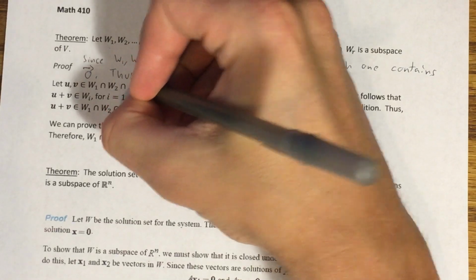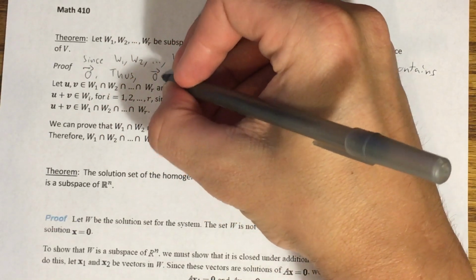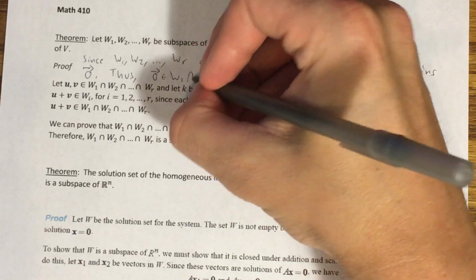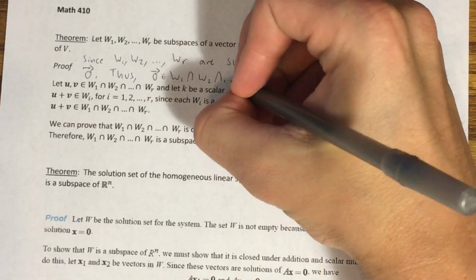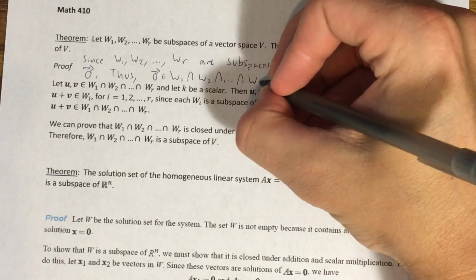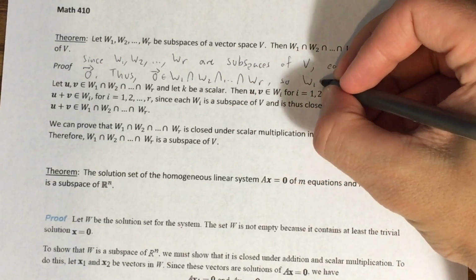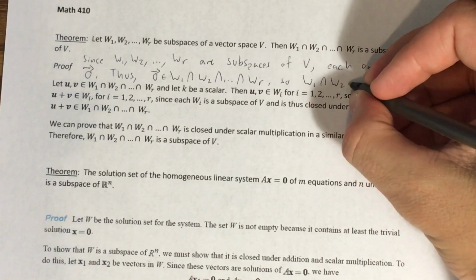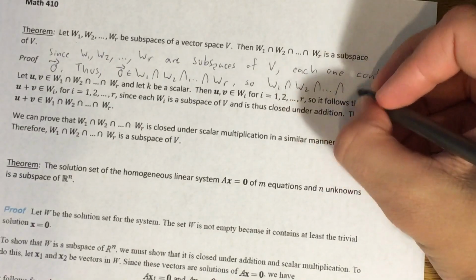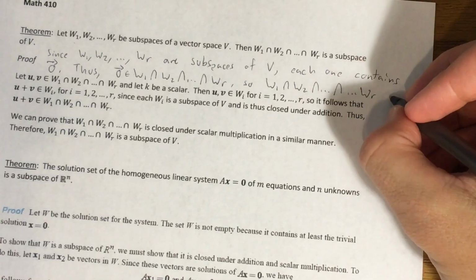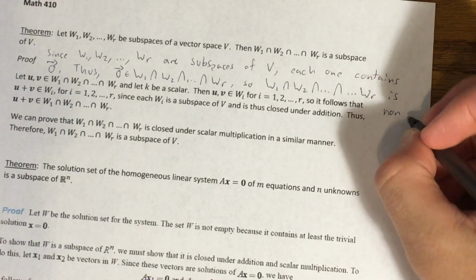Thus, the zero vector is in the intersection, so that intersection is non-empty.